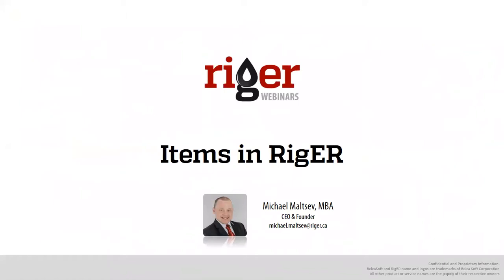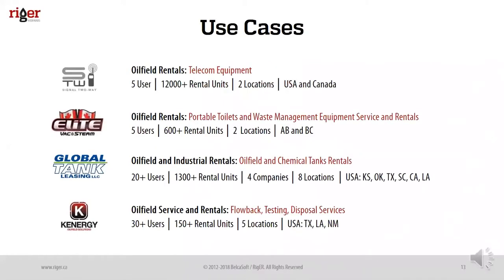My first topic will be about all the items in RigER, how we track the items and what we name the items, with some use cases and examples of RigER usage. Different companies have different numbers of rental units and locations.